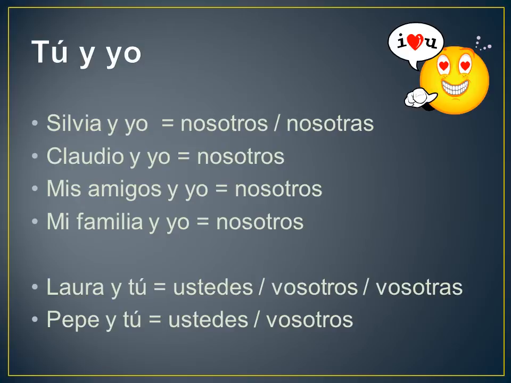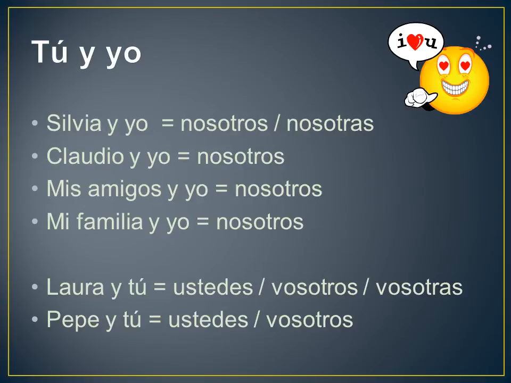And finally, we can combine our subjects and use just one word. For example, if I want to say Silvia y yo, Silvia and I, if we already know who we're talking about, a simpler way would be to say nosotros. Or if I am also female, Silvia and I are both female, I would say nosotras for we.